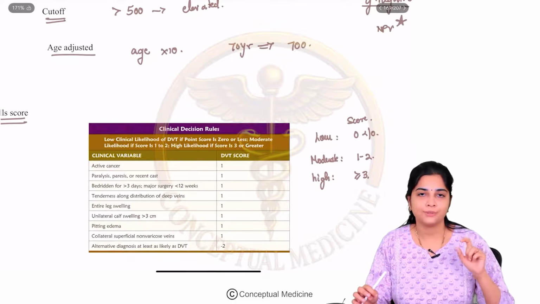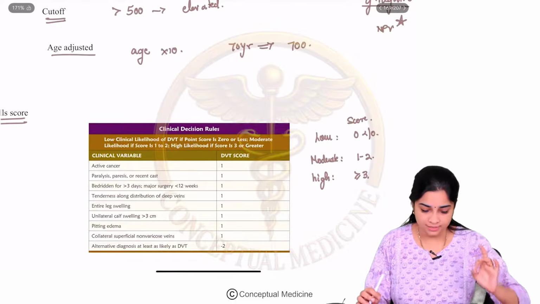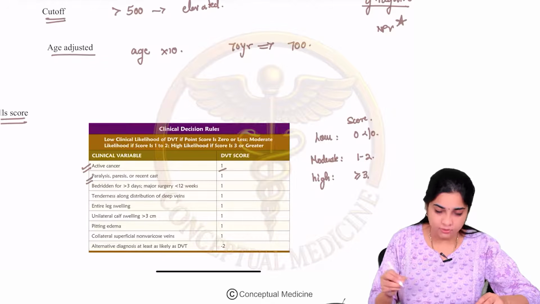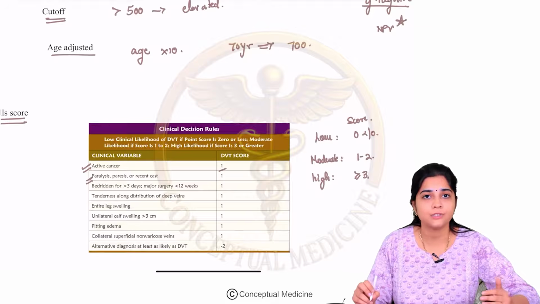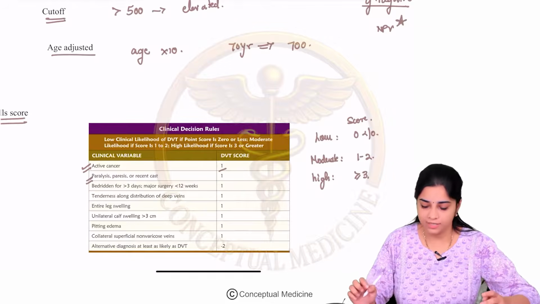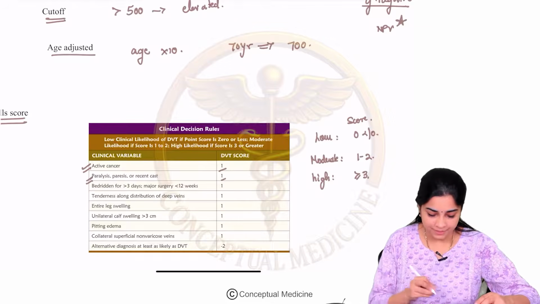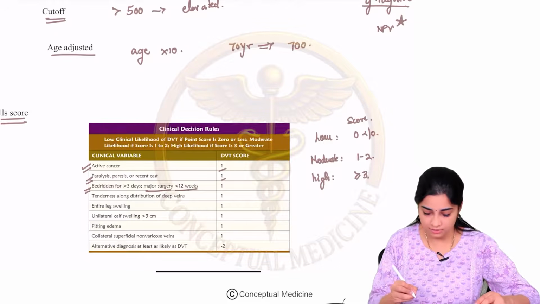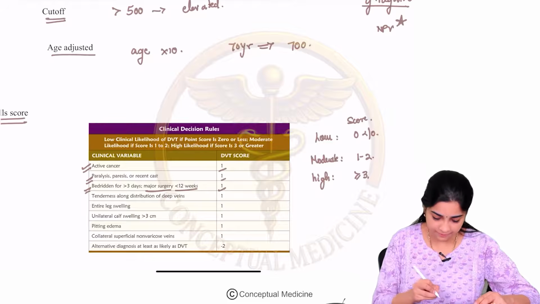So what are the components of this modified Wells score? Active cancer is given a score of 1. Paralysis, paresis or recent cast, recent surgery, or if the patient has been immobile is given a score of 1. Bedridden for more than 3 days or a major surgery in the past 12 weeks is given a score of 1.